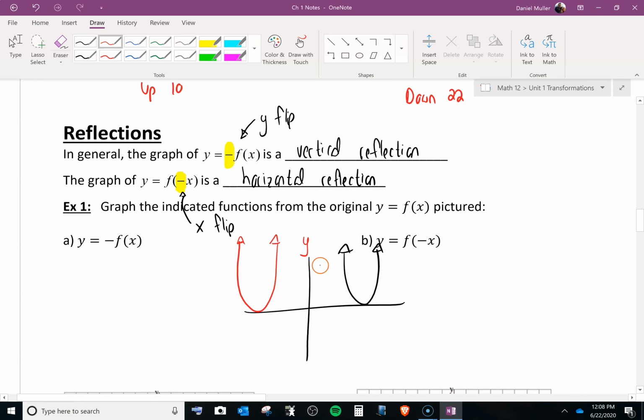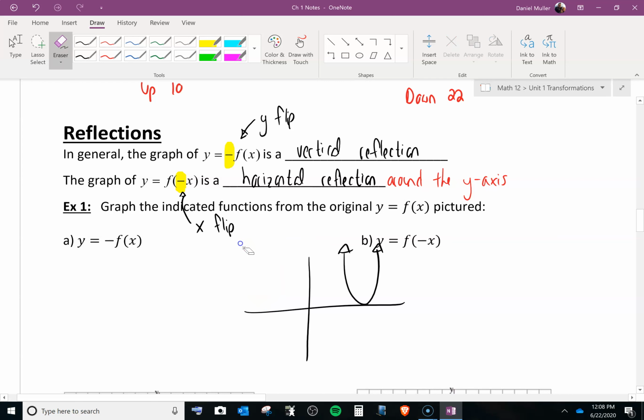So it's a horizontal flip, but it's done around the y-axis. So when we say it's a horizontal flip, we say it's a horizontal reflection or a horizontal flip around the y-axis. Sometimes you say about or in, in other words, about the y-axis or in the y-axis.